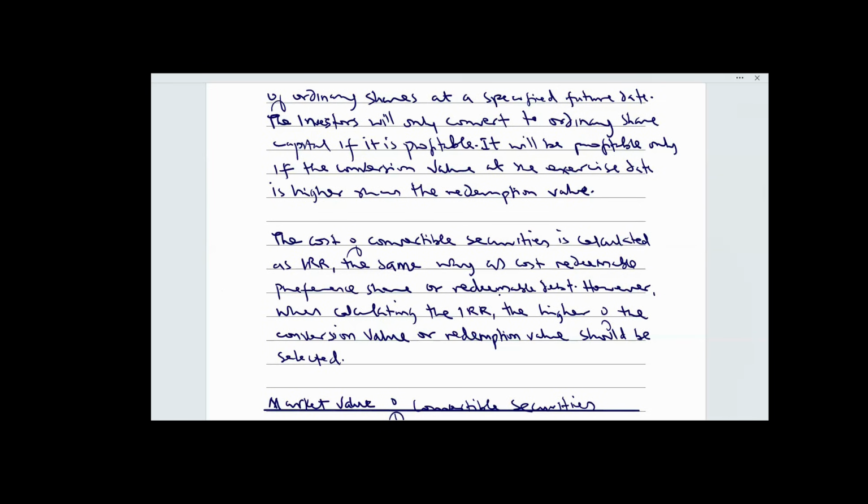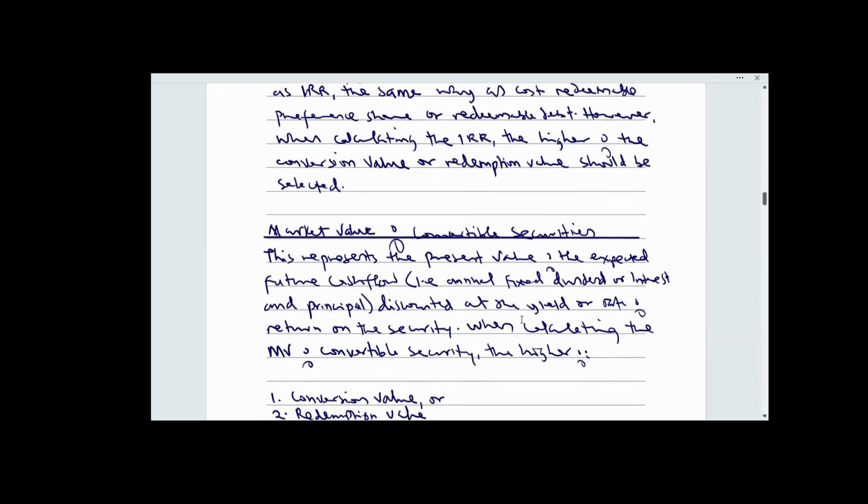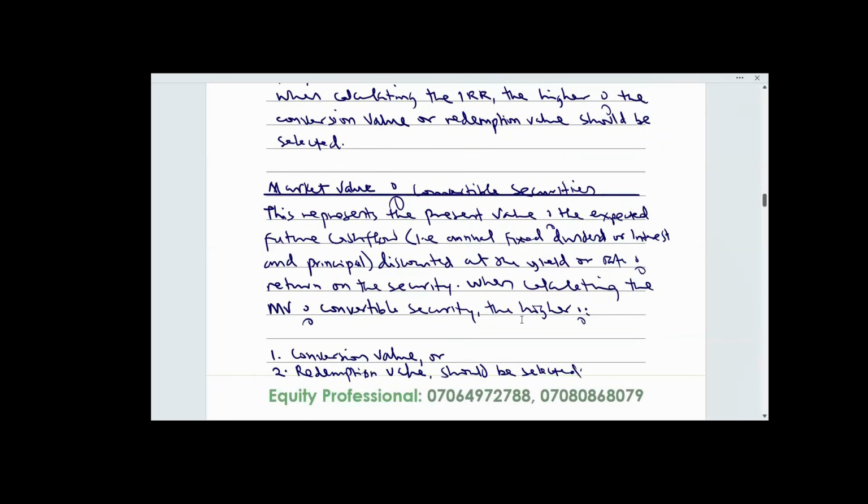Then lastly, I also mentioned that in case you are asked to calculate the market value of the convertibles, just go ahead and calculate the present value. The same way you normally calculate NPV is the same way you are going to calculate your market value. The only thing is that you are not going to include year zero in your calculation, because once you include year zero, that means you are calculating NPV.